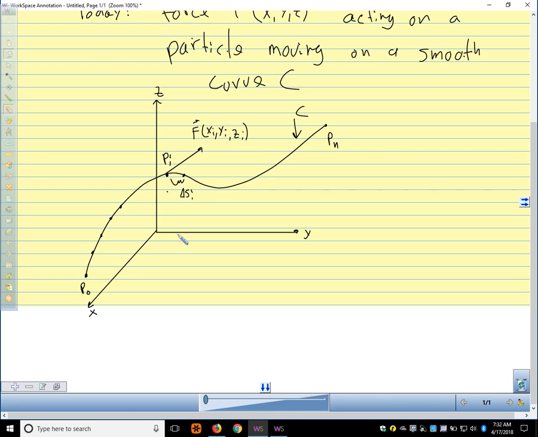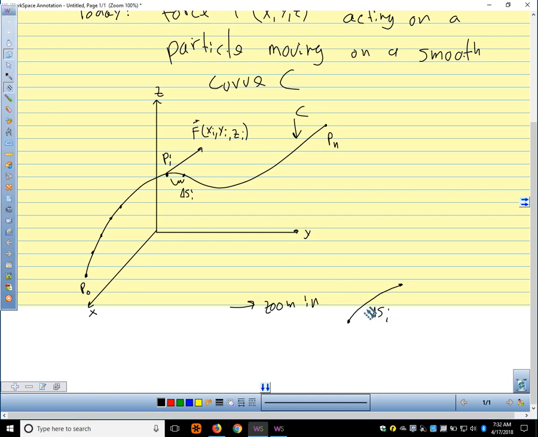So it's a familiar argument by now. Let me magnify this. So here is delta s sub i. Here is F sub i.